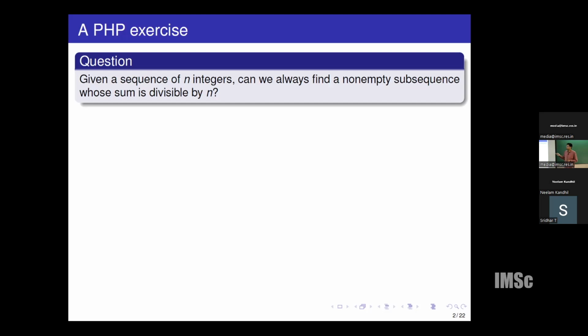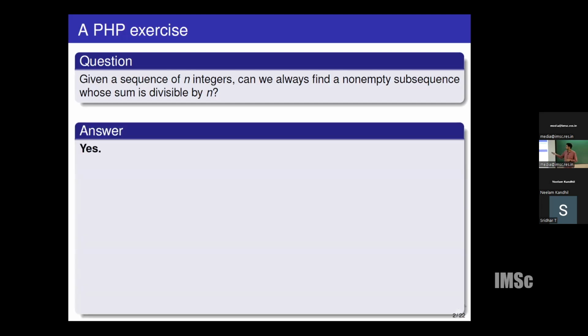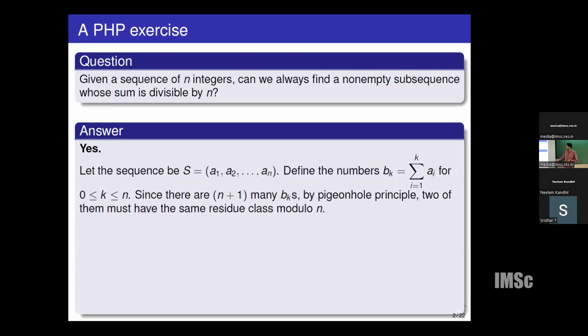So as all of you might know, the answer is yes. And how do we prove it? We just take the progressive sums starting from A1, and we call them B_k. Then we'll have n minus 1 many of these sums, and we have exactly n many residue classes modulo n.